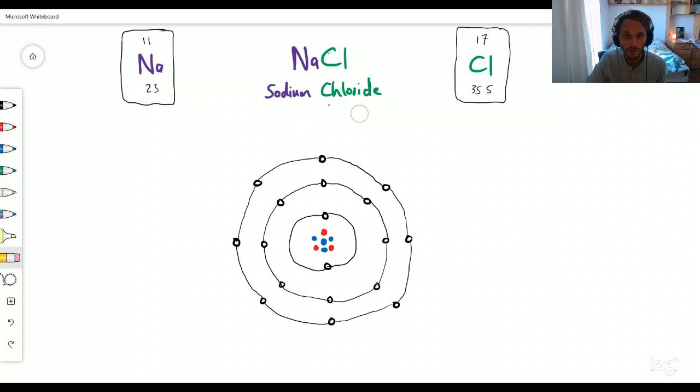Okay, so let's get further into this idea of ionic bonding. Each atom, and I'm not specifically talking about sodium or chlorine here, just any particular atom, will look something like this if you magnified the atom itself.